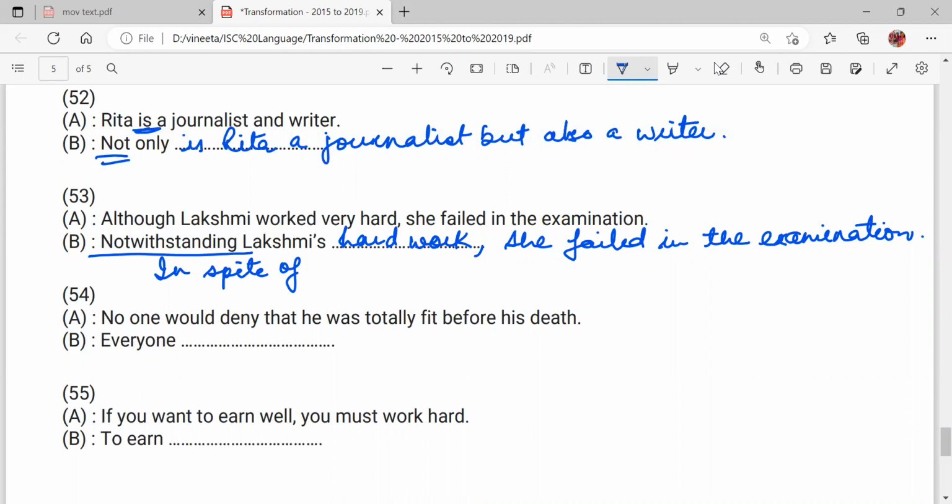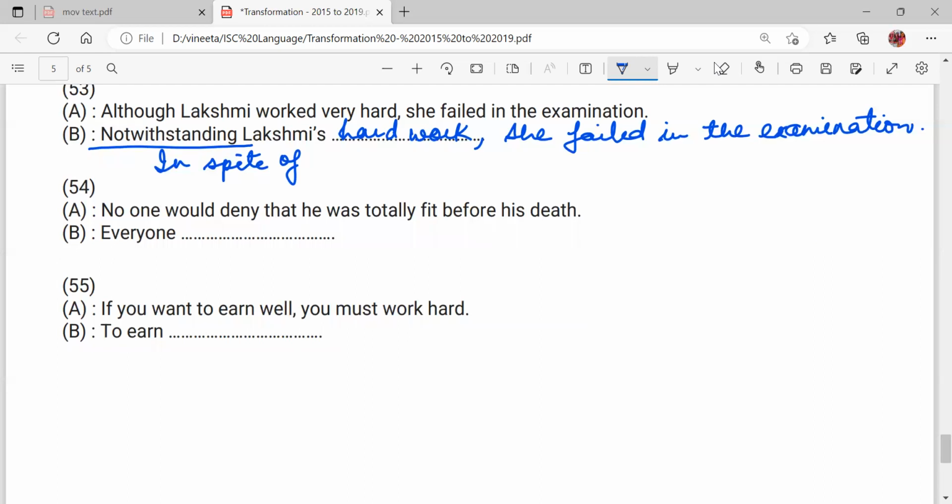Right? No one would deny that he was totally fit before his death. Everyone would admit. Why? Because it is a negative sentence, we are changing it into affirmative. And so the opposite of deny is admit.